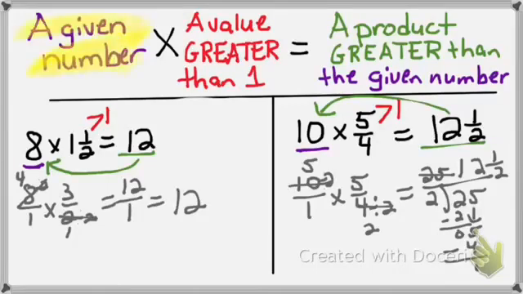And fraction hint number 4, a given number times a value greater than 1 will equal a product greater than the given number. Now it's time to solve various different problems that we will see where we can use these fraction hint strategies without having to do the math.